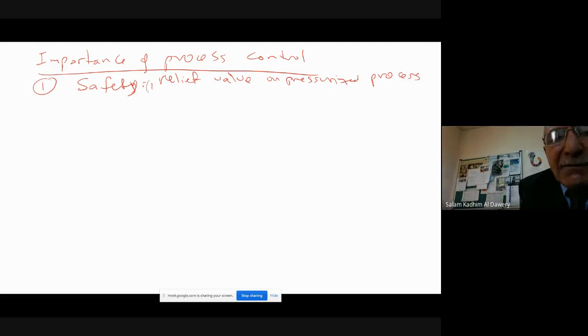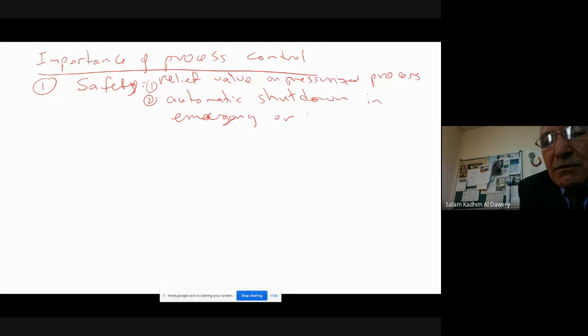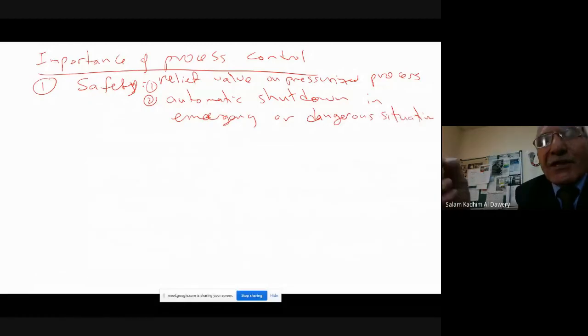Second, an example for safety: automatic shutdown in emergency cases or dangerous situations. Anything could happen in the plant.